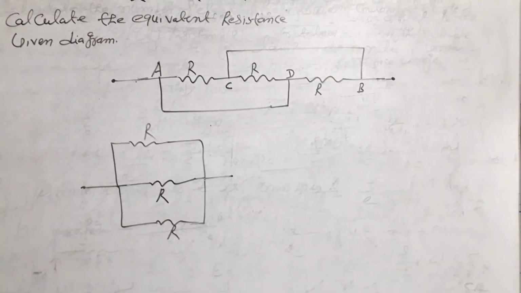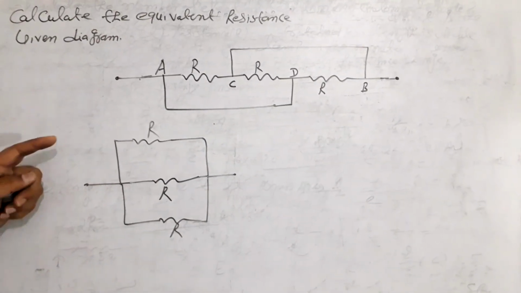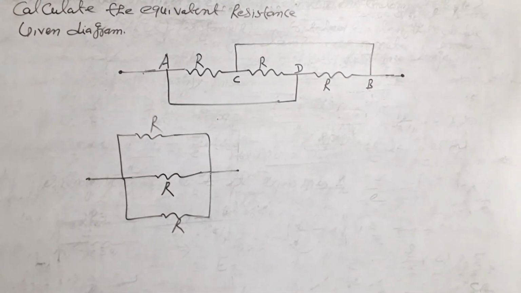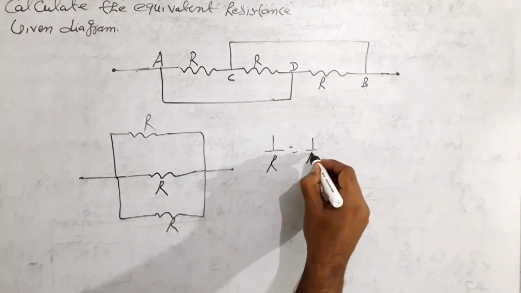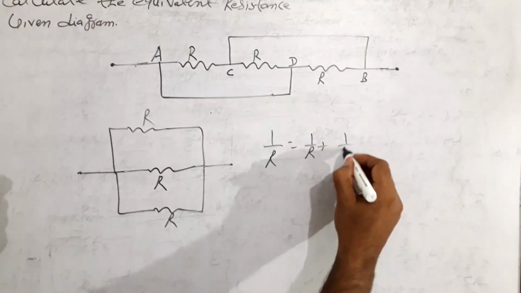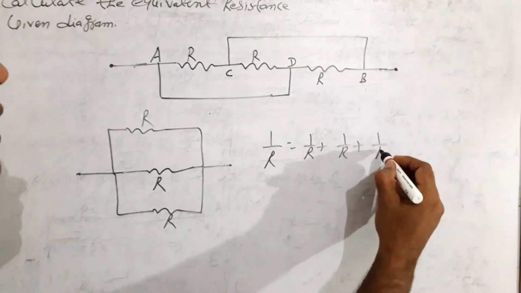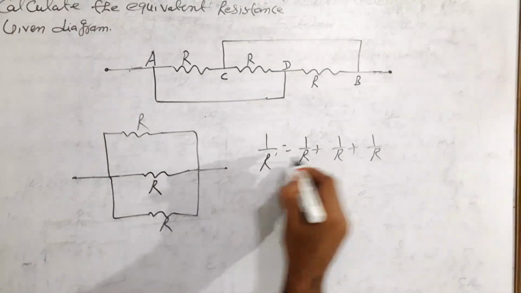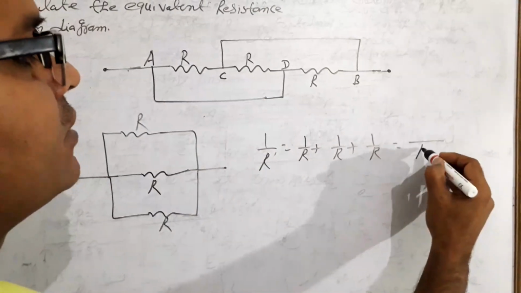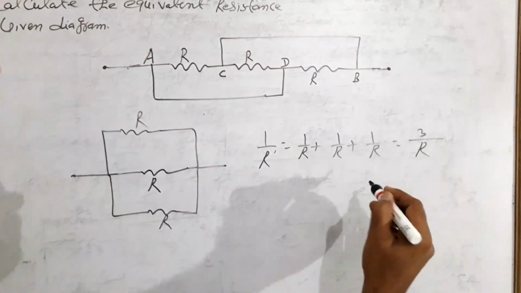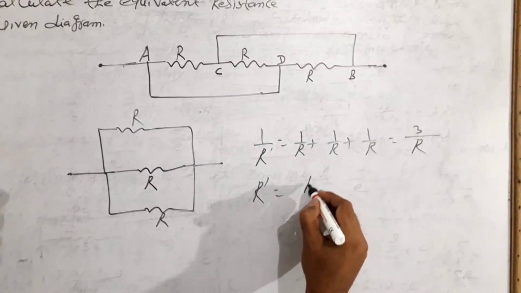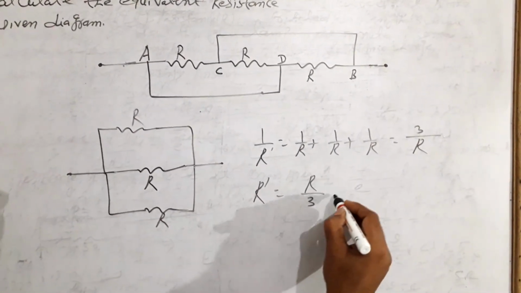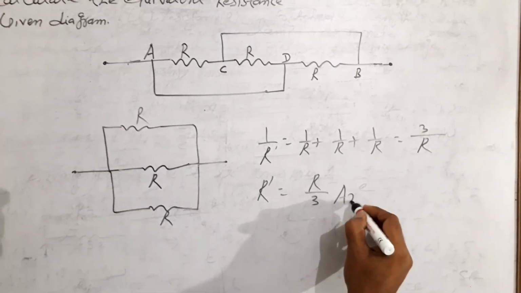So now, sir, this resistance becomes parallel, which means 1 by R equals 1 by R plus 1 by R plus 1 by R. Your LCM is R, so 3 by R, then R dash equals R by 3.